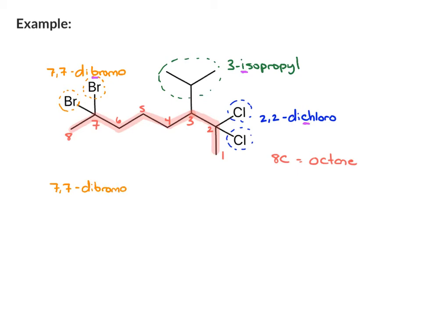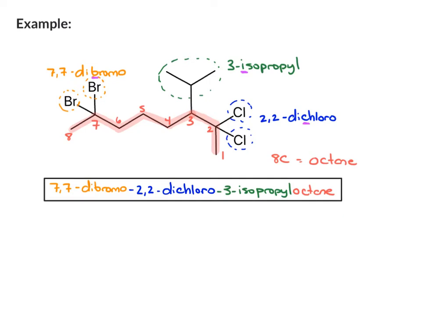Then we have the C for chloro, so we write 2,2-dichloro. Then we have the I for isopropyl, so we write 3-isopropyl. And the parent is octane. And that's our systematic name for this compound.